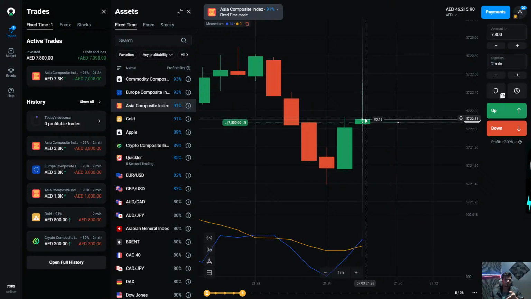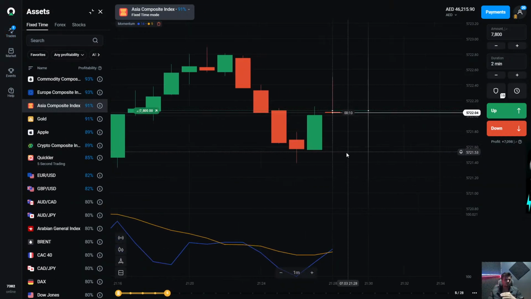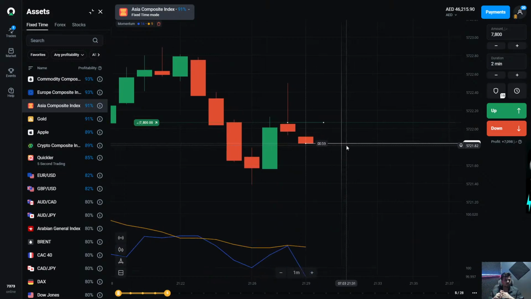Wow, did you see? From here till here, it came back in just some seconds. But here it has to reach the upward direction, then it will take too much time. But here it didn't take any time, it just moved in the upward direction.